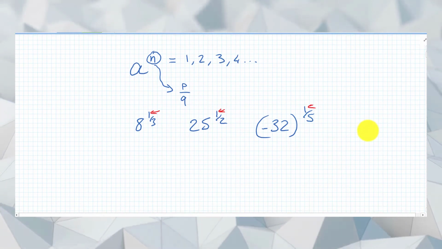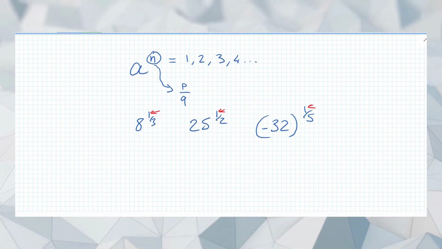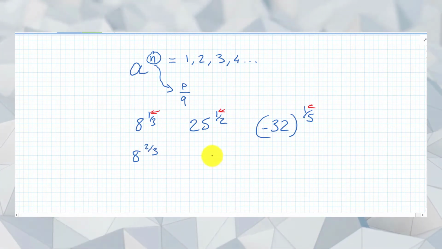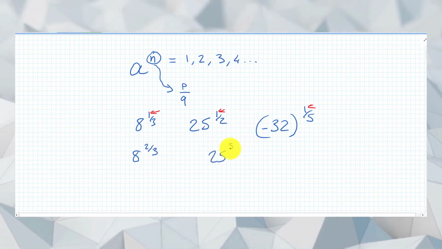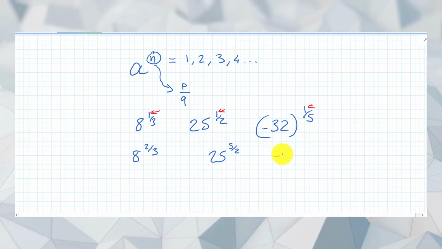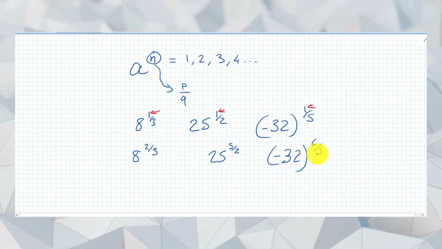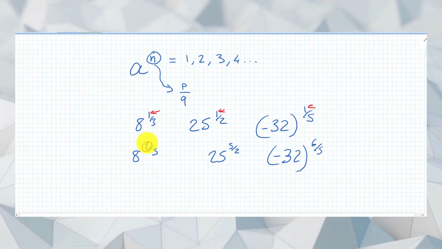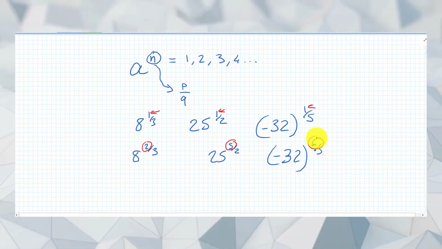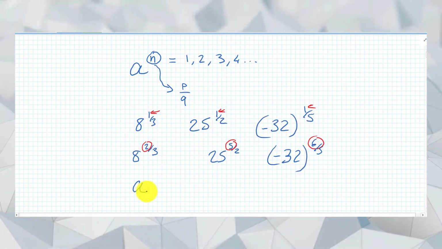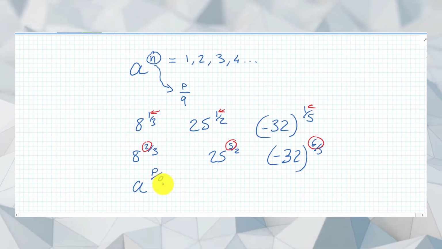And then we will look at numbers like 8 to the 2/3, or 25 to the 5/2, or negative 32 to the 6/5. So then we'll change our numerator to something different than 1. And at the end of the lesson, we will have understood the meaning of a to the p over q.